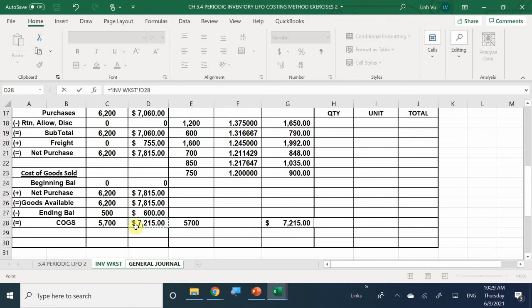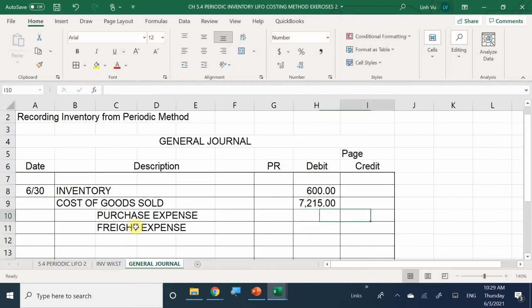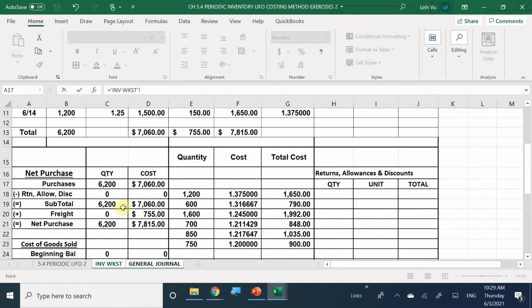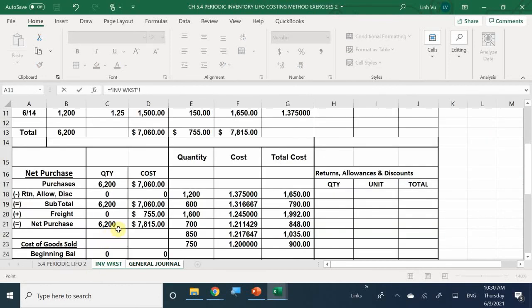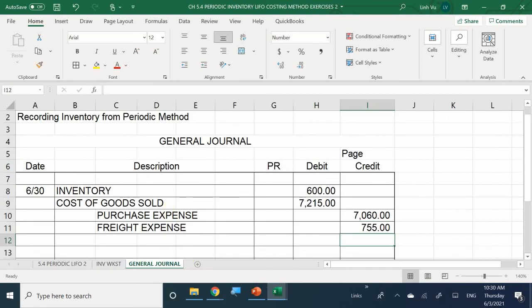This is my cost of goods sold. 7,215. Good. All right. What was my original total purchases? 7,060. Mm-hmm. And what was my total freight? 755. Correct. So there's my journal.